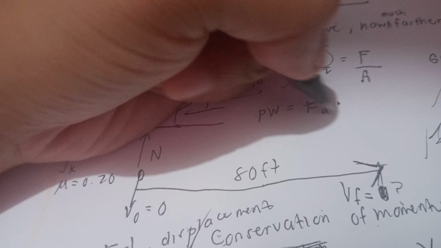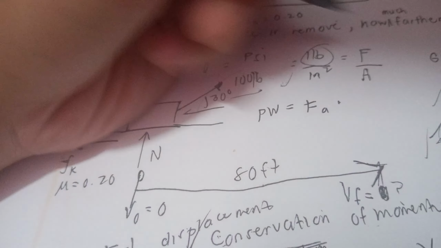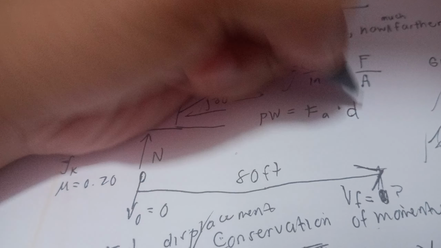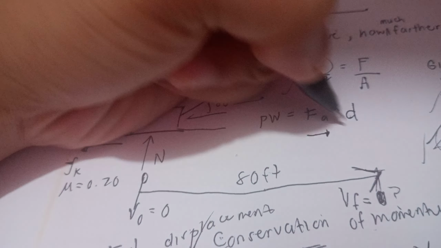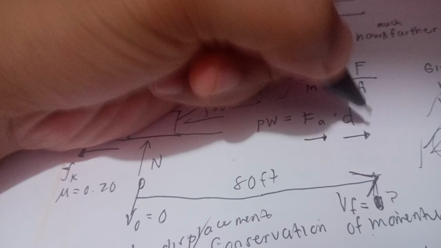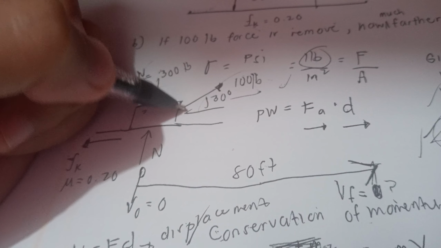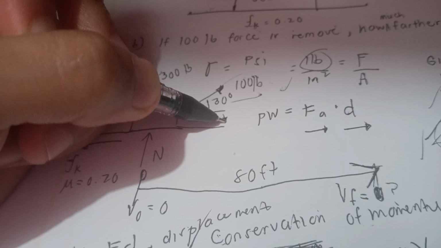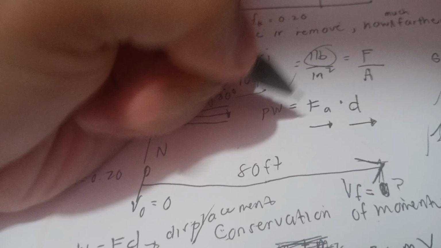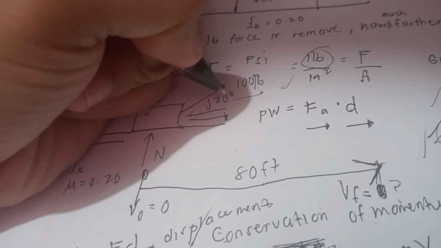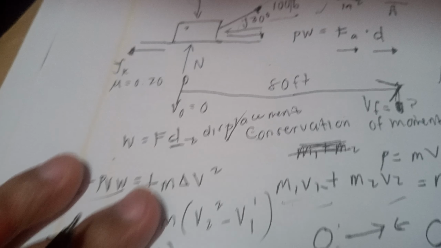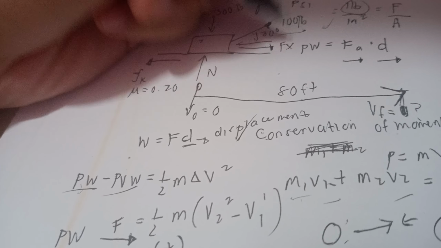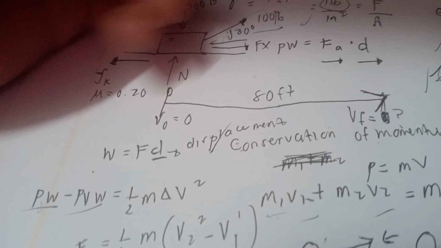Ang force natin is force applied, ang distance natin is yung displacement natin. Para makuha natin yung direction, dahil may angle to, that is force times cosine 30. Makukuha natin yung force with respect sa x-axis.